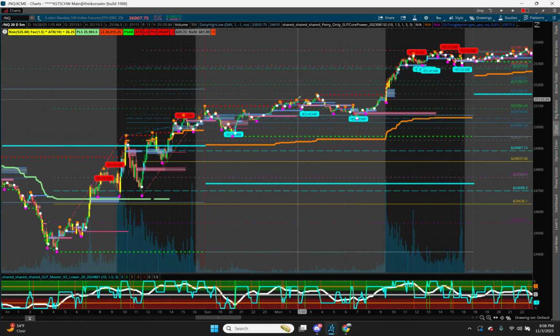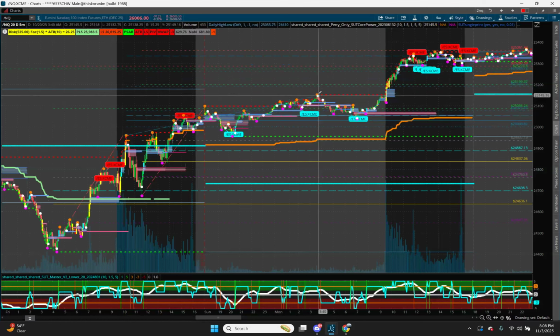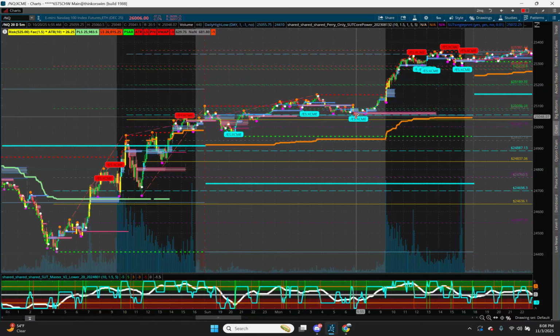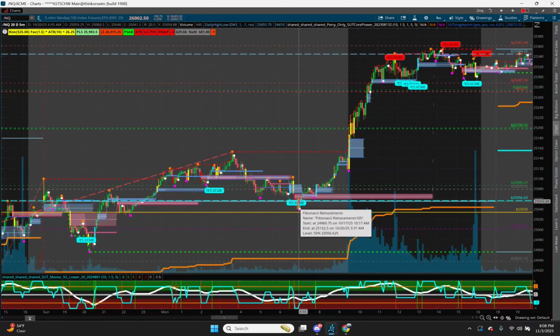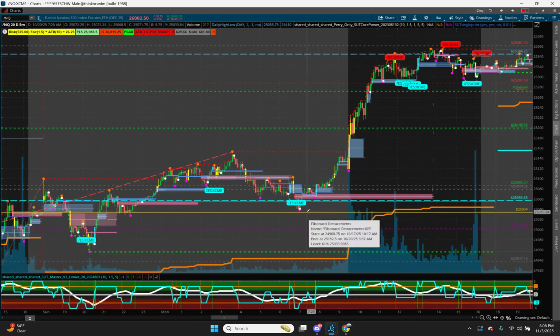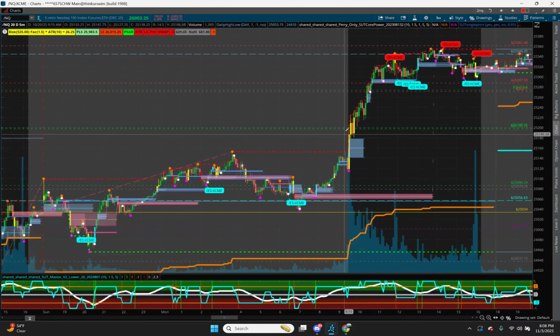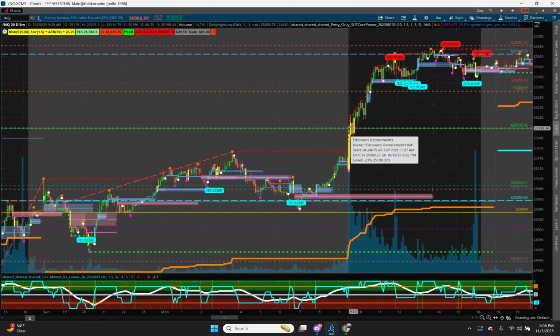We make another new high, they cancel that bid and move their bid up to the next 50. We make another new high, they cancel that bid and move it up again. Once their 50 bid is filled, I assume their stop is at the 61. They're probably using different variations, and their target then becomes the negative 23.